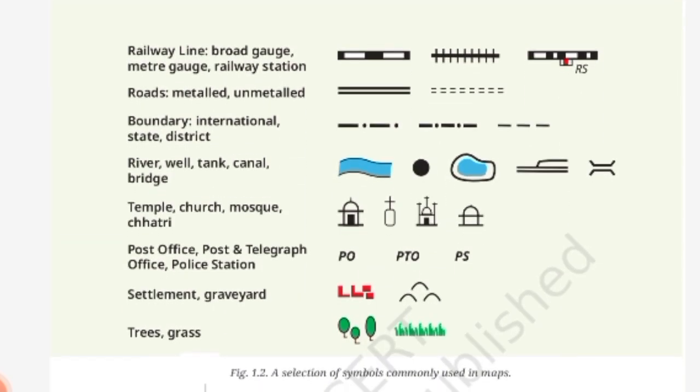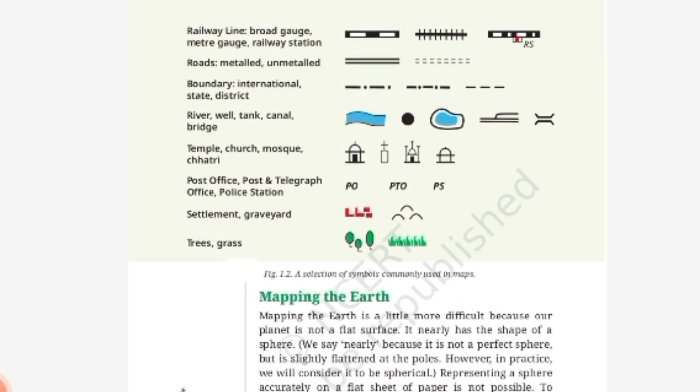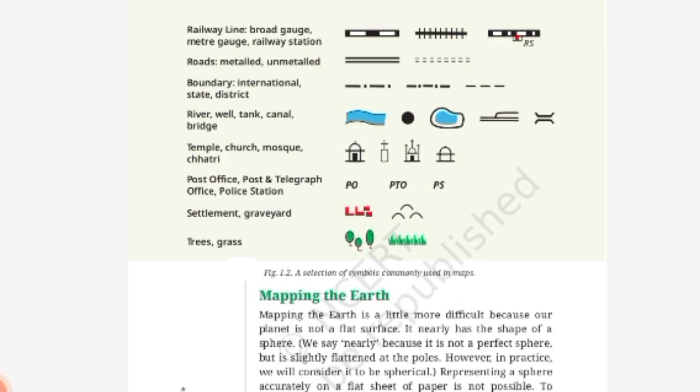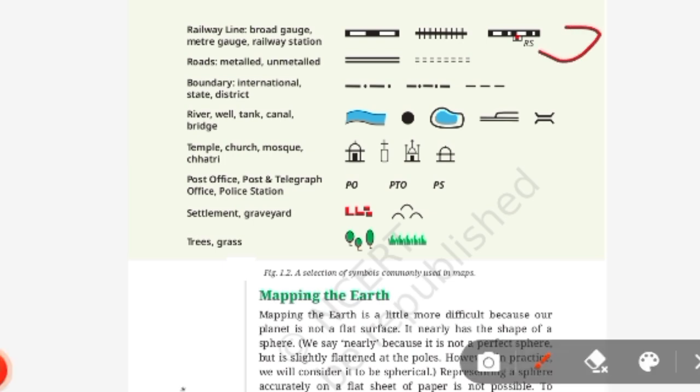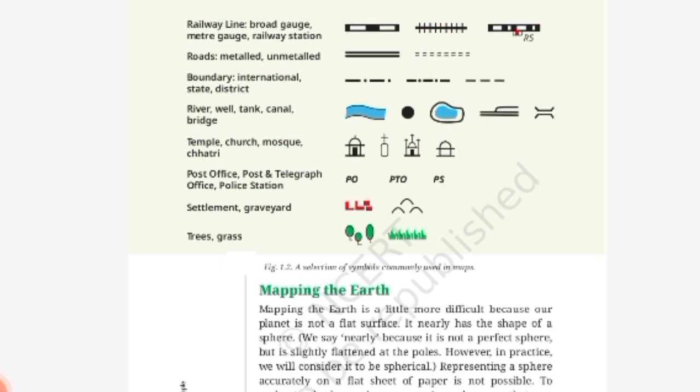Here is a selection of symbols commonly used in maps. So, for railway line, broad gauge, meter gauge, and railway station, we use these types of symbols. Then roads, metalled and unmetalled. These are boundaries: international, state, district.